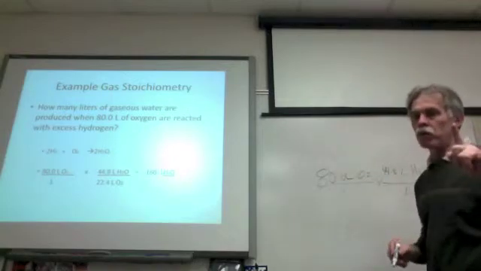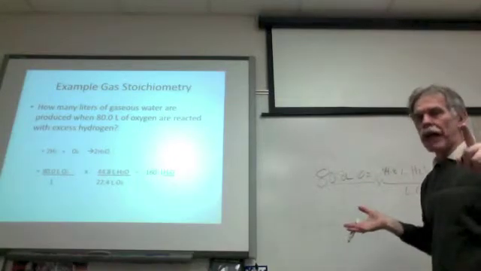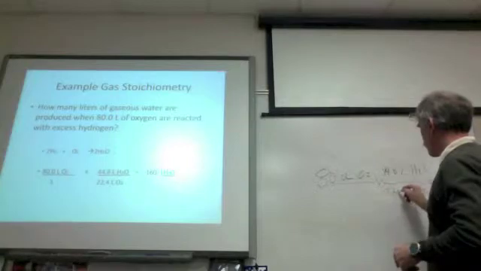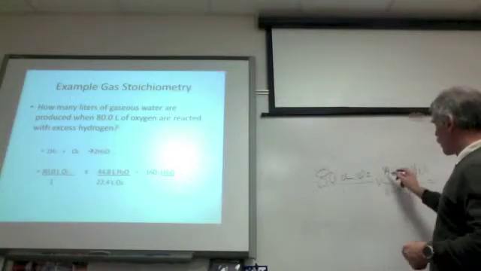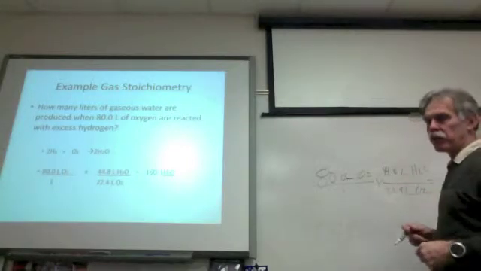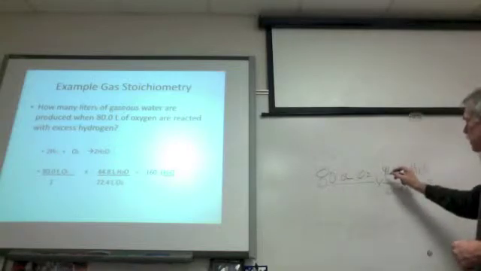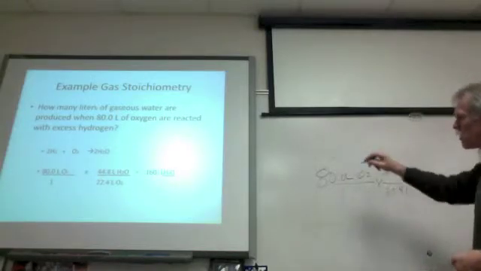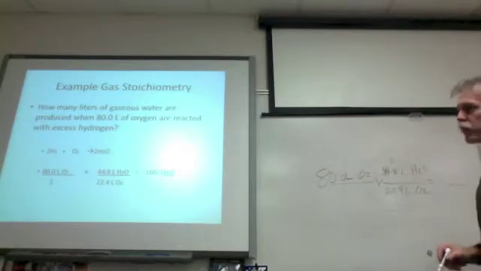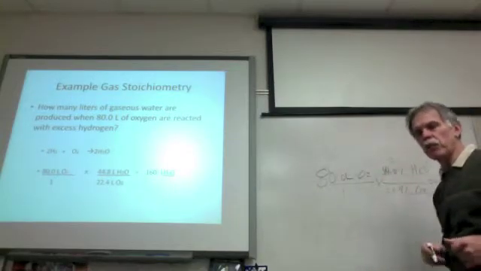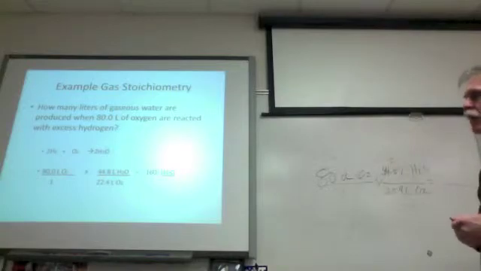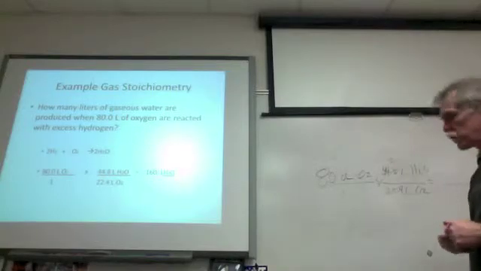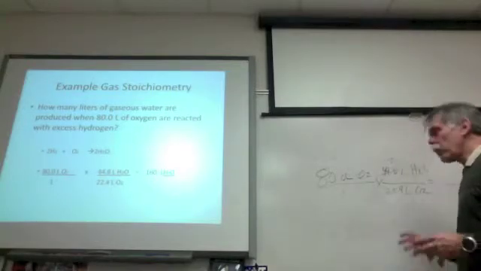There's 1 mole of O2. We already know 1 mole of a gas at STP is always 22.4. If you're like me, you try not to use the calculators unless you have to. 44.8 over 22.4 is 2. 2 times 80, 160. 3 significant digits. We have to put that decimal point there to give it 3 significant digits. 160. liters of H2O. That's one example.